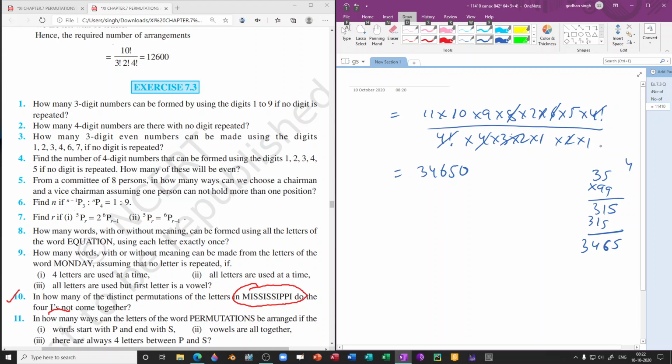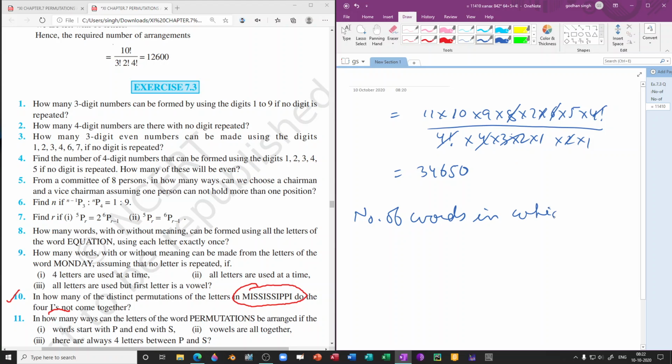So let us go to the next stage, that is the number of words in which all the 4 I's do not come together.